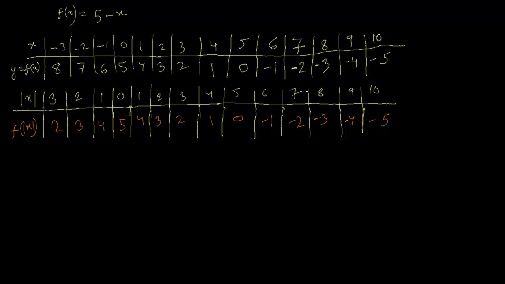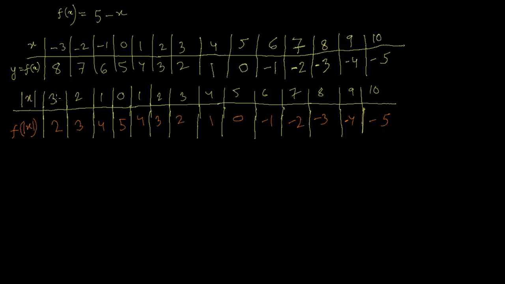So this table, if you notice, 3 2 1 1 2 3, these things are more or less the same. Since we don't have the negative values, these cannot be shown here. But anyway, if you notice, once we had minus 3 here, the value was 8, but the absolute value of x completely removed the negative sign from this, so it became 3.